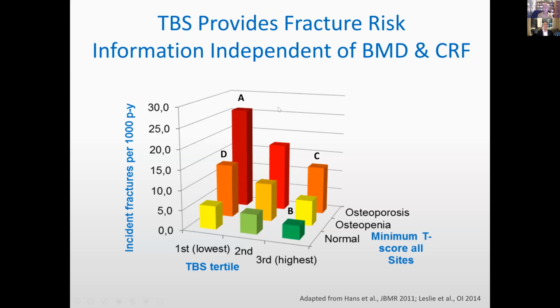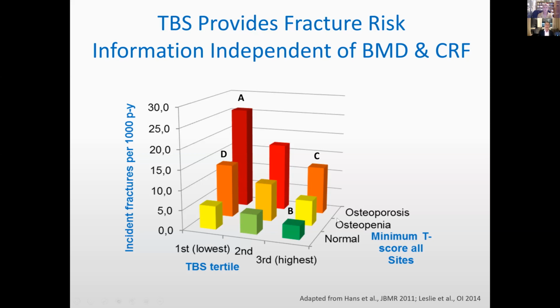If you take A, for example, a low density, osteoporotic, with degraded structure, you see that your risk of fracture is extremely high. In reverse, if you have a normal density and a normal structure, your risk of fracture is extremely low, assuming you don't have other clinical risk factors independent of the density, of course. If you had a fracture in the past, your residual risk is still very high.